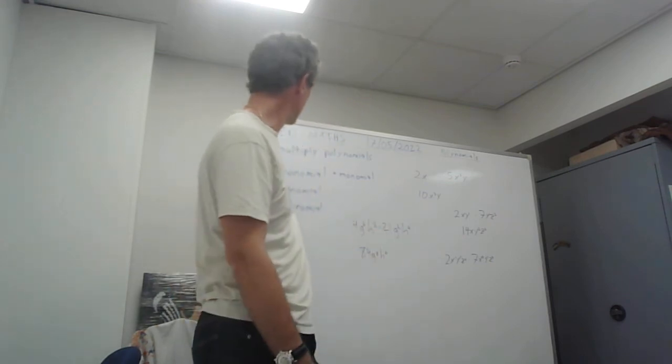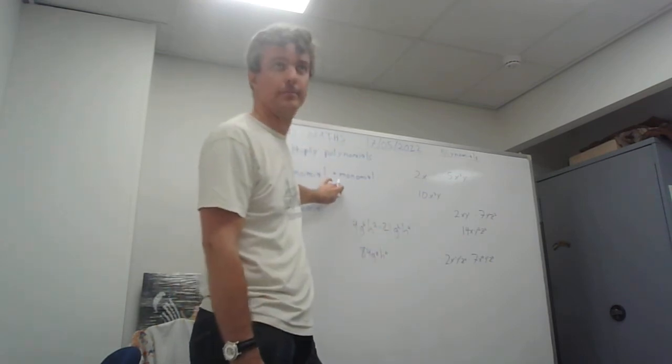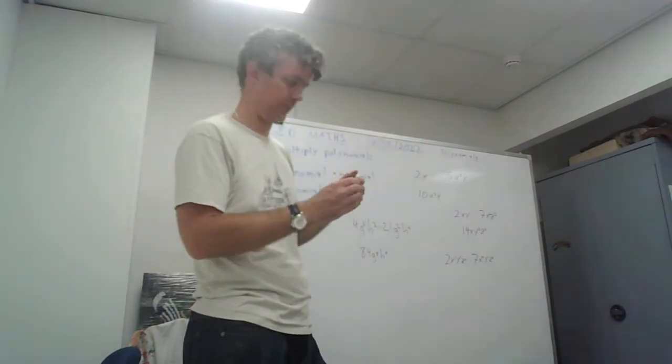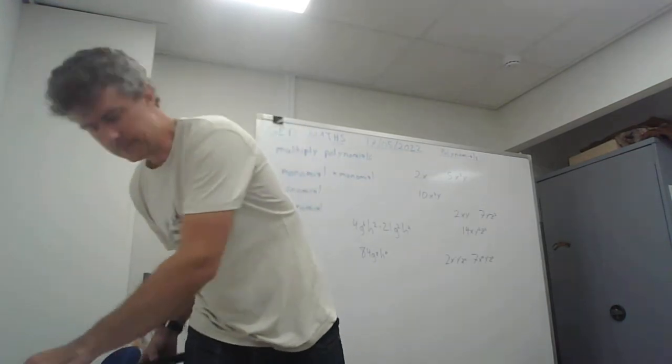We'll move on to a monomial times a binomial. And that's going to be the same, except we're doing it for each term. So I'll show you what I mean.